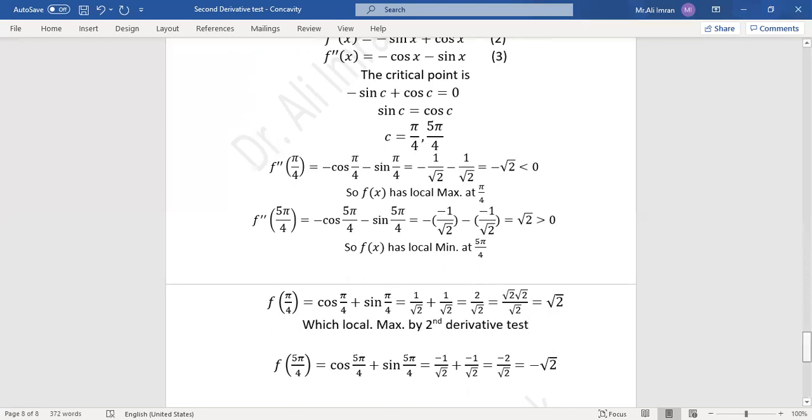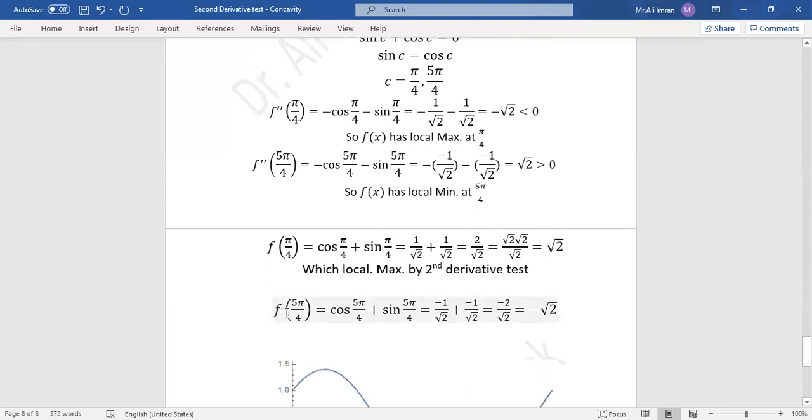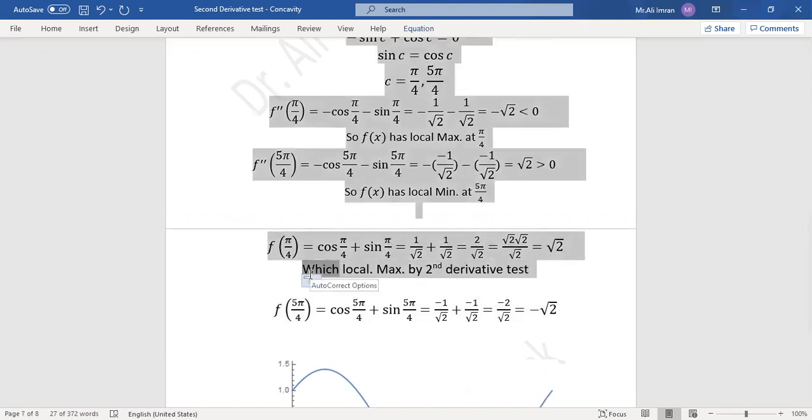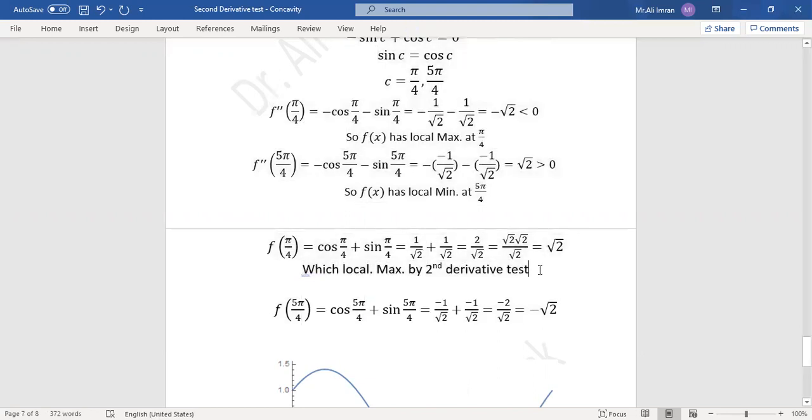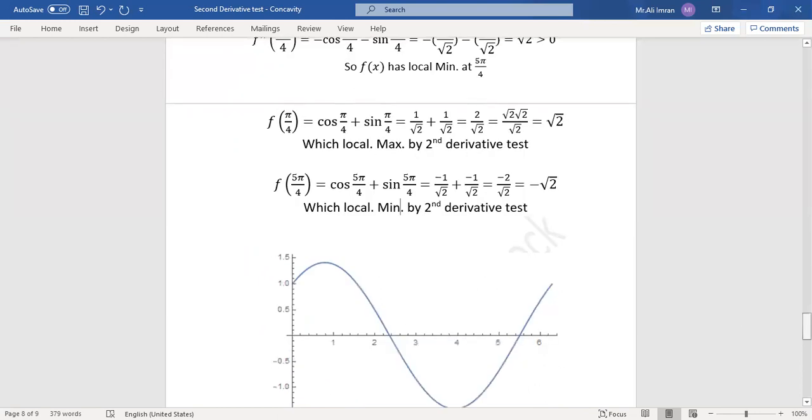And if we put the second critical point, which is 5 pi by 4, we will have the local minima, which we have determined with the help of the second derivative test. At last, the graph of this function.